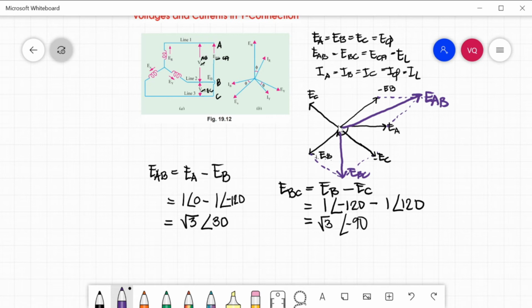Next one is your line ECA. So line ECA, the difference between EC and EA. So positive EC.